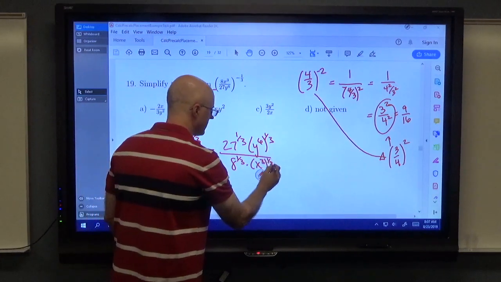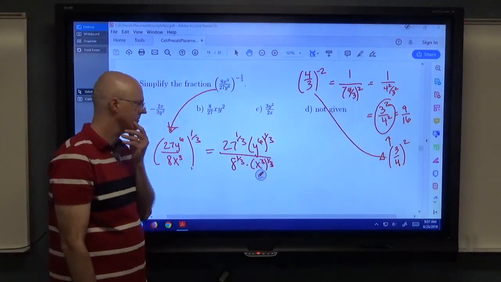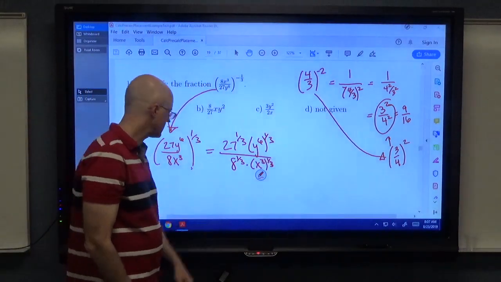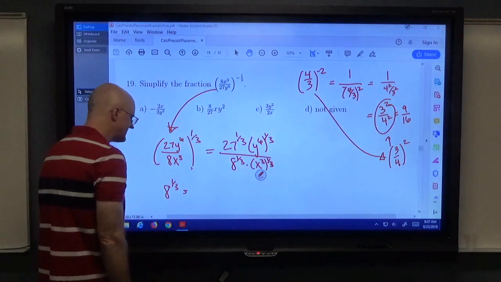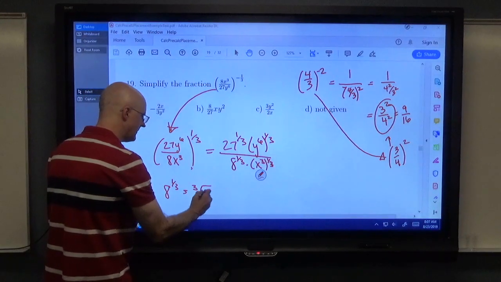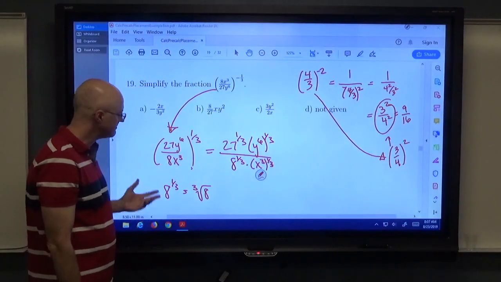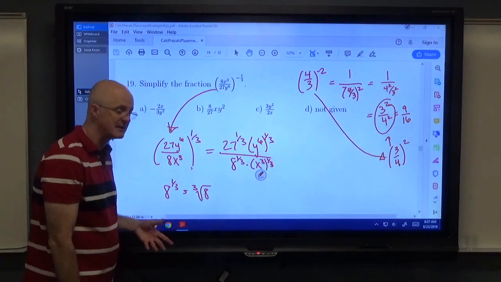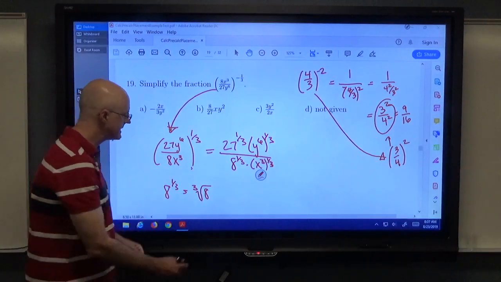This is a 1/3 here. What does it mean to raise something to the 1/3 power? What is 8 to the 1/3, for example? Well, that's something to remember as well. That's by definition the cube root of 8. That's, again, a definition, nothing magical. It's a definition made so that properties of exponents continue to hold even when your exponents are fractions. Now, what is the cube root of 8?